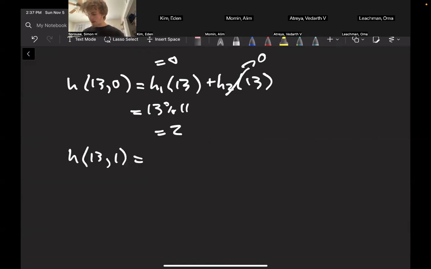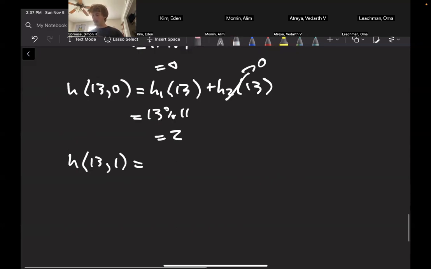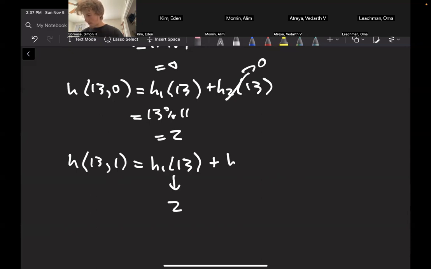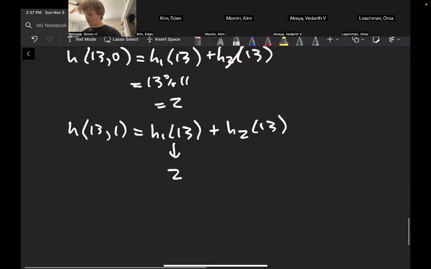Now that our i term is non-zero, this is no longer trivial. This term is actually going to affect our hashing function now. So we've got h1 of 13, and we know that this is 2. But this time we're going to add h2 of 13 and actually compute it, which is going to evaluate to 1 times 7 minus 13 mod 7.